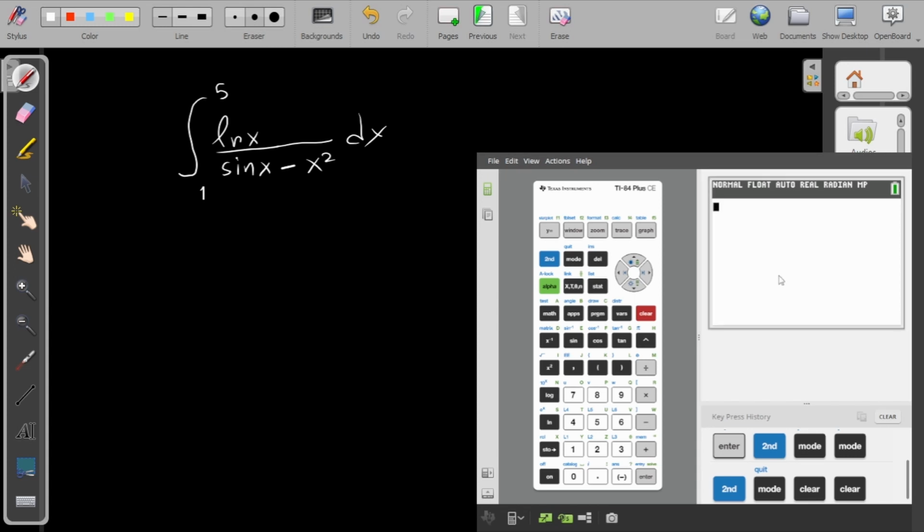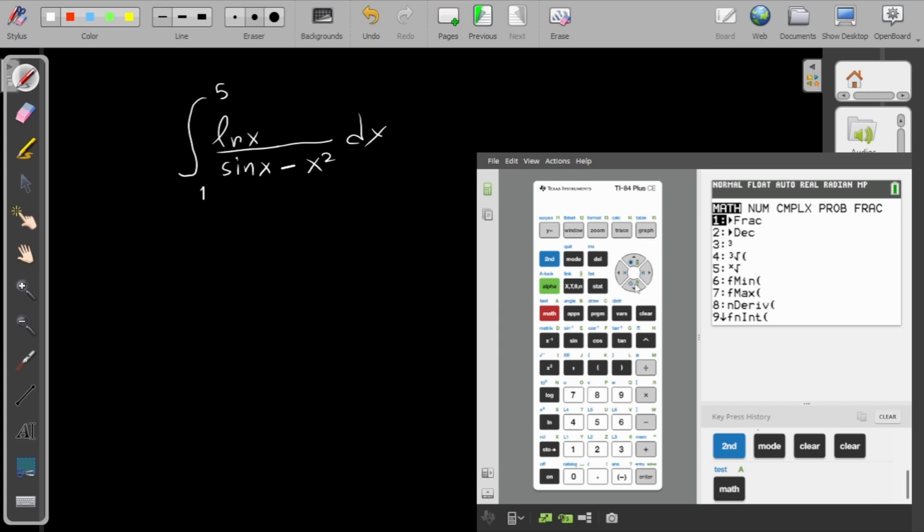So let me do it here. I will go to math and then go down to f integral, enter, and now you see that I have my function and I can put all the values.